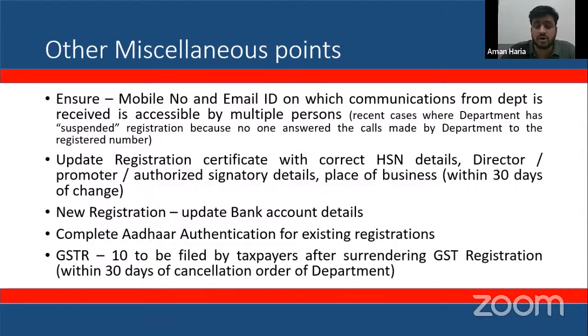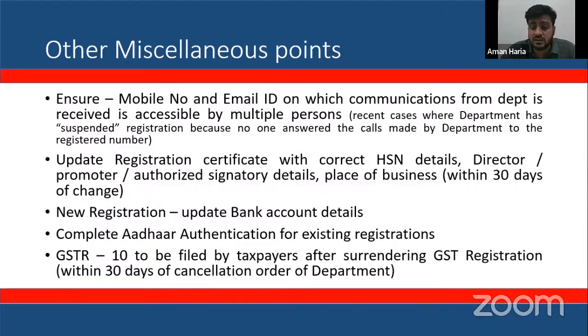However, the option for Aadhaar authentication by one director and one authorized signatory has been opened for everybody. So even though you might not be obtaining any GST refunds, you can still complete the Aadhaar authentication process on your own.